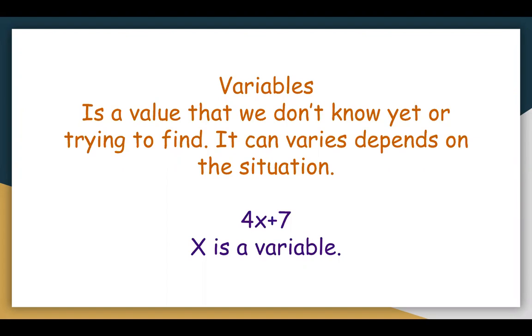What is your shirt price, which is x? That you have to find out, okay? And if you gave $60 and they gave you $7 back, then the x value is going to be different. That's why it can vary. It depends on the situation.